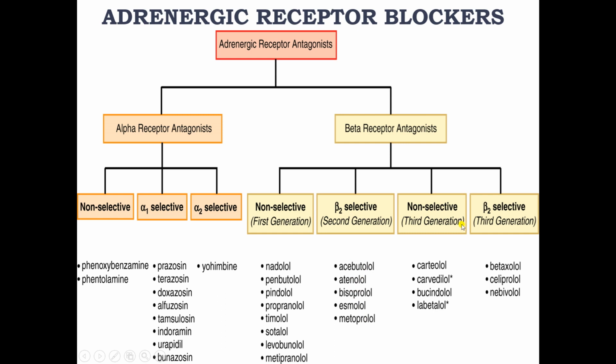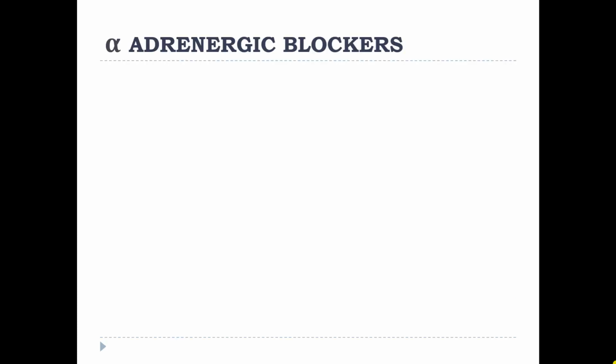Non-selective third generation are carteolol, carvedilol, bucindolol, labetalol, and beta 2 selective are betaxolol, celiprolol, and nebivolol. Here the beta 2 should be replaced with beta 1. The advantage of third generation beta blockers is that they have certain additional properties which we will discuss a little later.